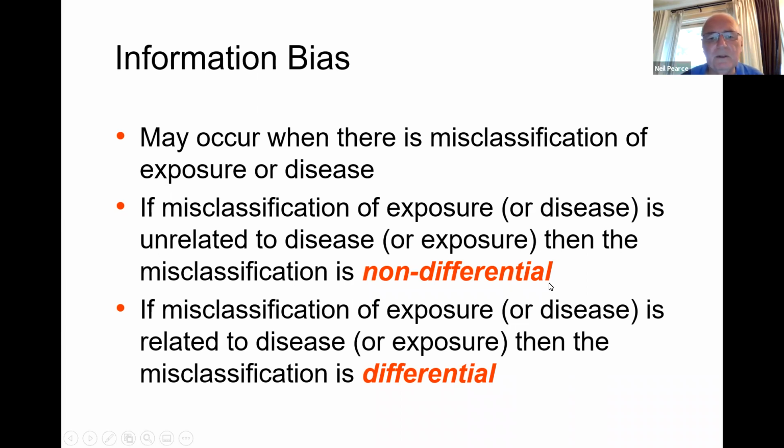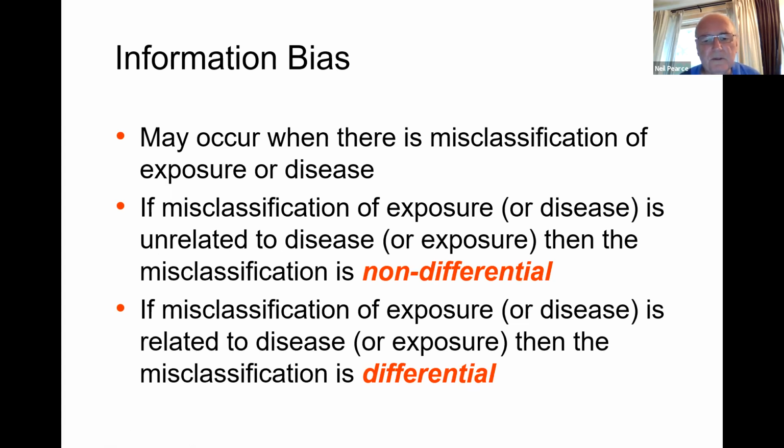So maybe we misclassify people, but it's essentially at random. So the misclassification rate of exposure in those who get the disease is the same as in those who don't get the disease. So if the misclassification of exposure or disease is unrelated to disease or exposure, then the misclassification is non-differential.